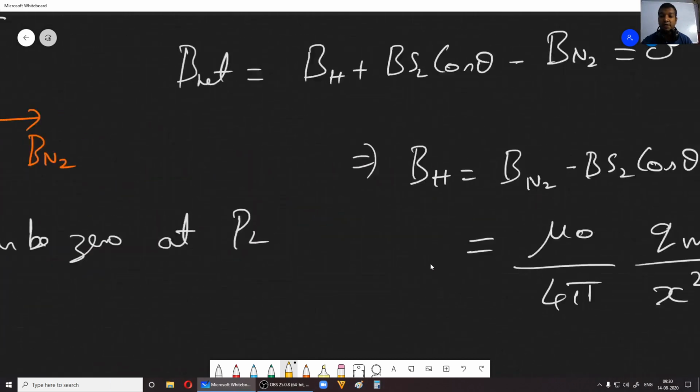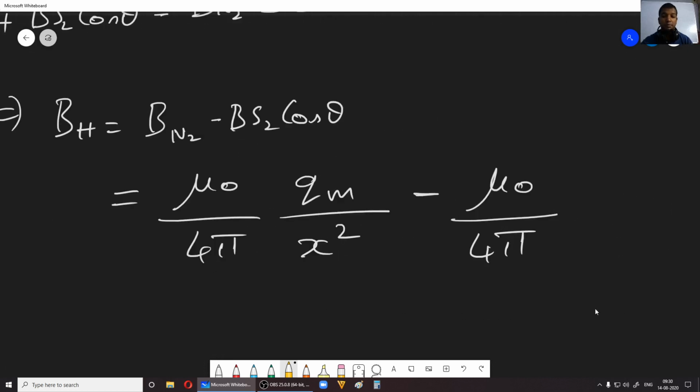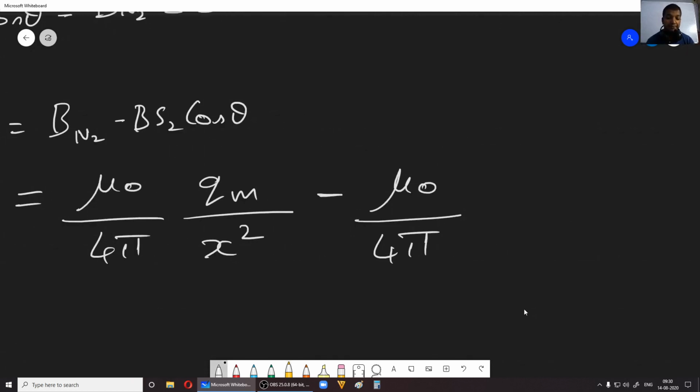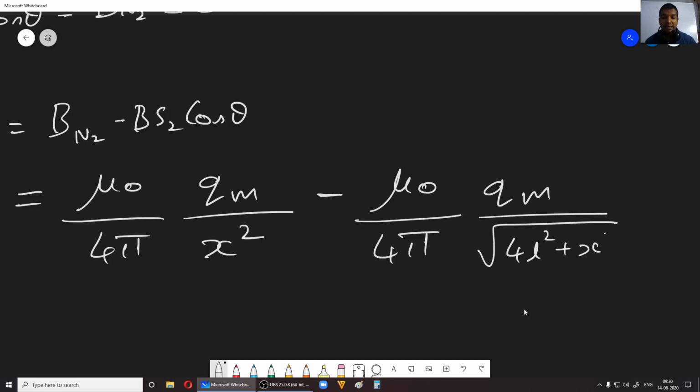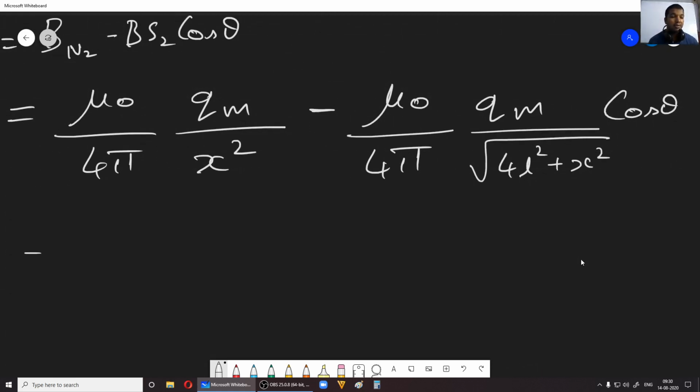Fine. So finally we are getting mu naught divided by 4 pi times qm, whole thing divided by, now the distance was actually root of 4l square plus x square. Okay, then you have cos theta, right? Cos theta. Now finally for cos theta you can substitute adjacent by hypotenuse relation.